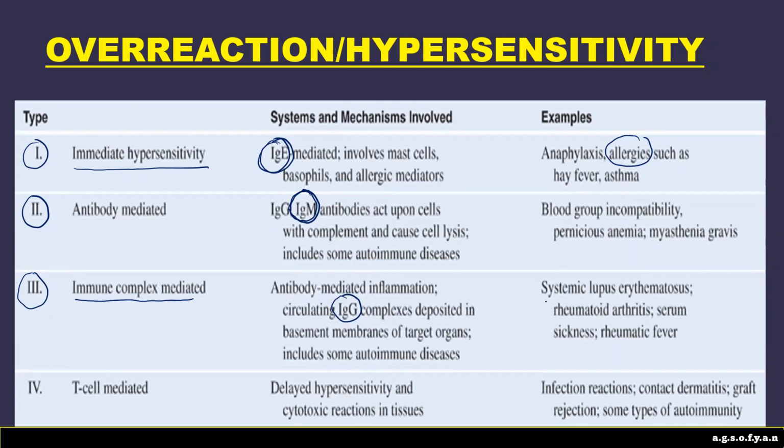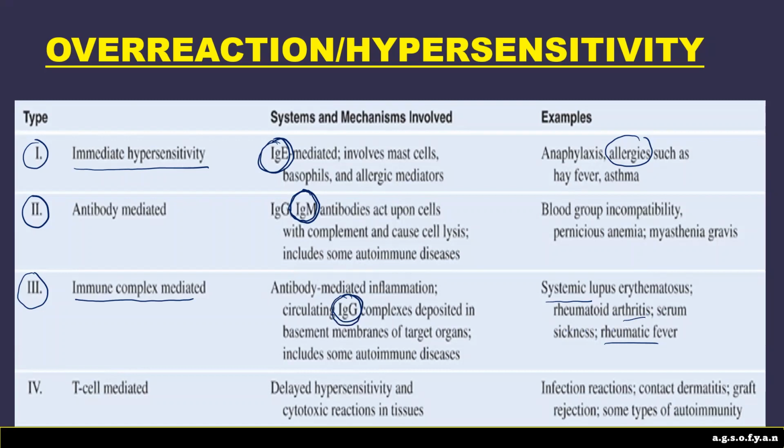Like, for example, systemic lupus erythematosus, RA, rheumatoid arthritis, type 1 diabetes, okay, rheumatic fever. This is all the type of autoimmune disease that is caused by IgG that is really, really hypersensitive.